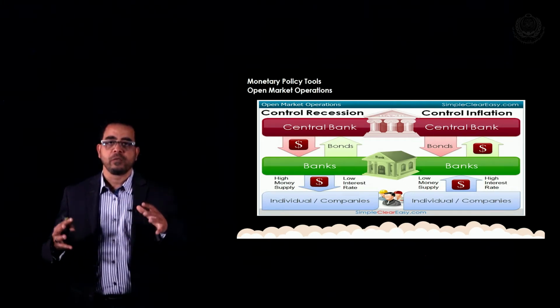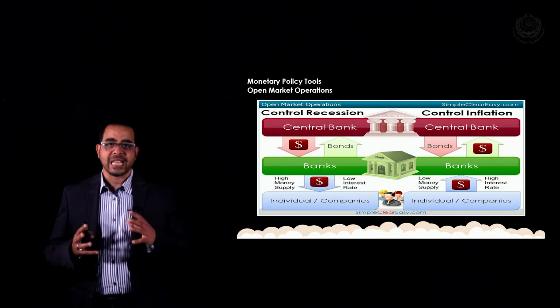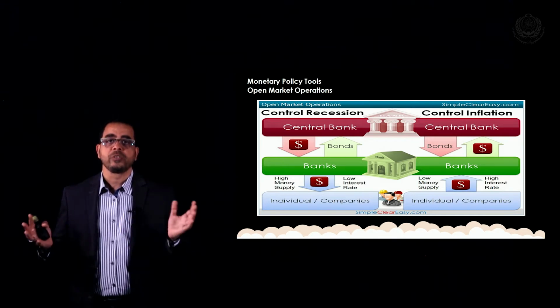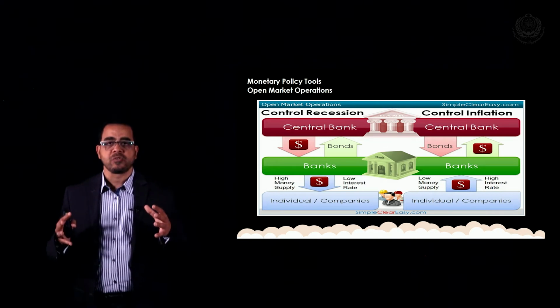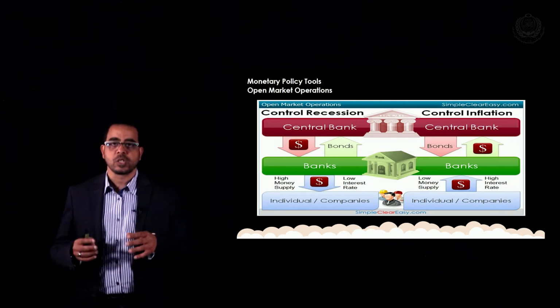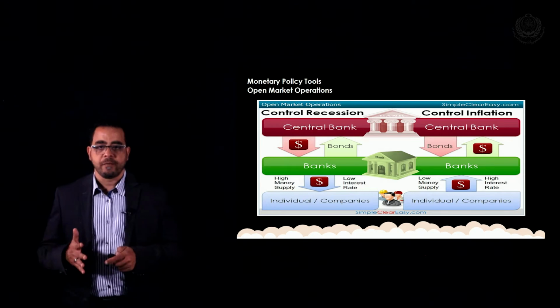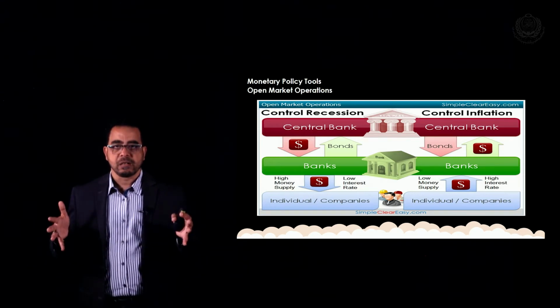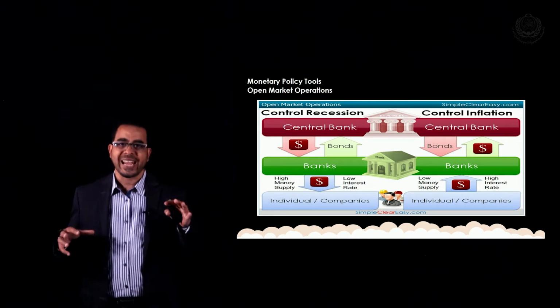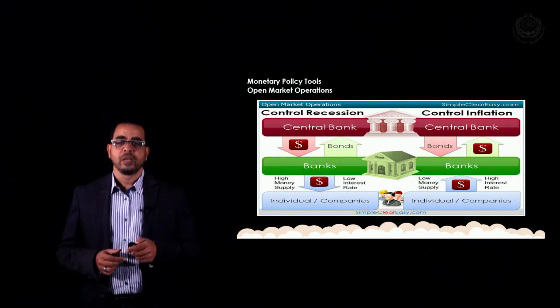Banks will find themselves with fewer reserves, and as they do, they will start increasing the interest rate, and when they increase the interest rate, this will discourage consumption and investment. So open market operations play a role in increasing and decreasing the quantity of money in society.